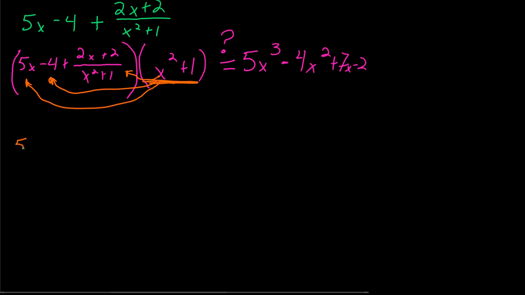So I get 5x times x squared plus 1. This whole thing is coming over next to 5x. Next, this whole thing is going next to negative 4. So this whole thing multiplies next to negative 4. Whole thing comes through.